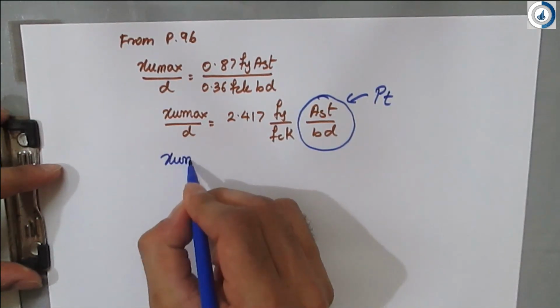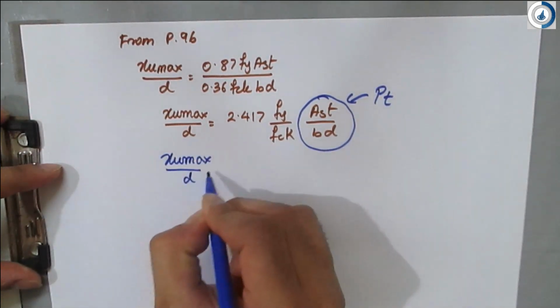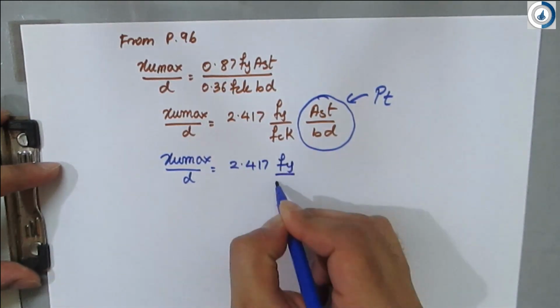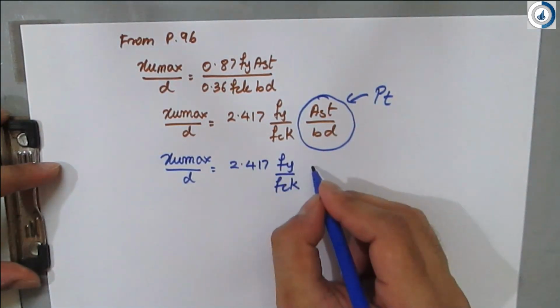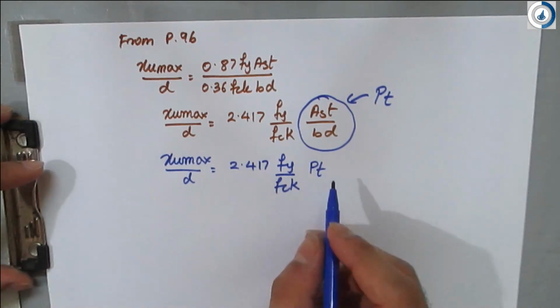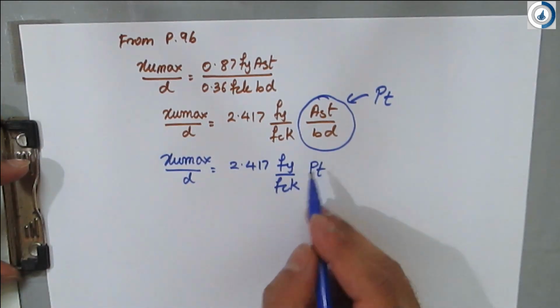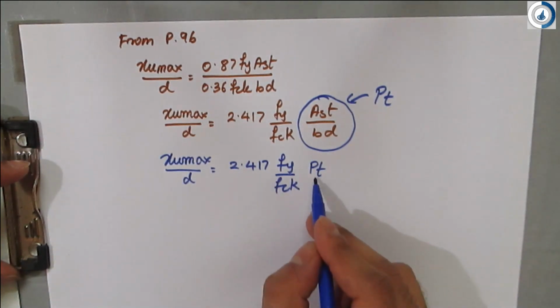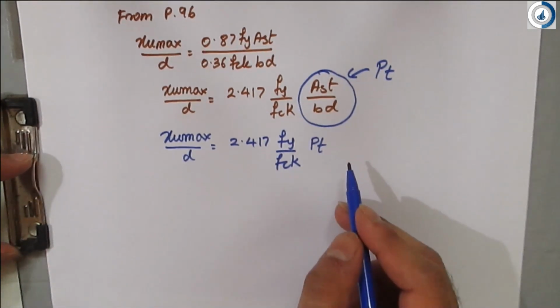So XU max by D is equal to 2.417 FY by FCK PT. Now this is unknown, the rest are known, so you have to calculate PT, that is the percentage of steel.